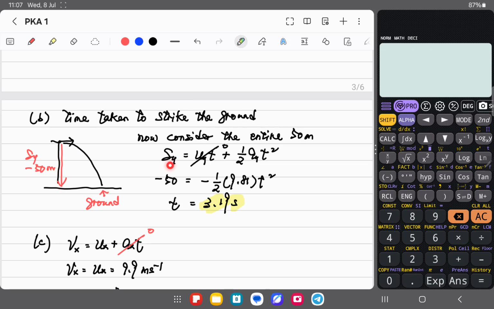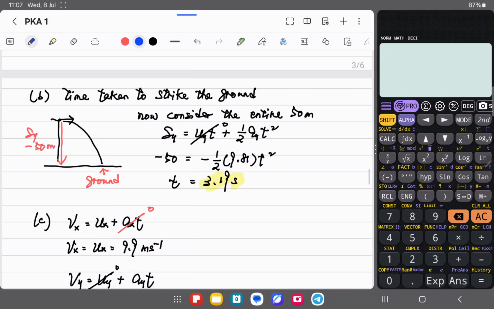So again we use sy equals uy t plus half ay t squared. To determine the time, sy will be negative 50 meters. uy is 0 because initially the object is launched horizontally. ay is negative 9.81, so I get the time is 3.19 seconds.